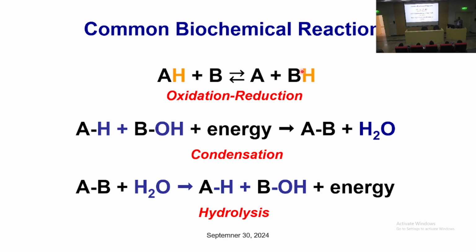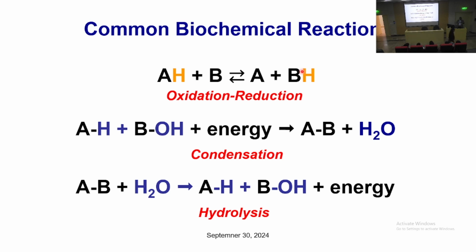The molecule A, which lost the hydrogen, is the oxidized molecule. And molecule B, which accepts the hydrogen, is reduced. This is a very simplified explanation of oxidation reduction. When we remove hydrogen from one molecule, we say this molecule gets oxidized, and the molecule that received the hydrogens becomes reduced.